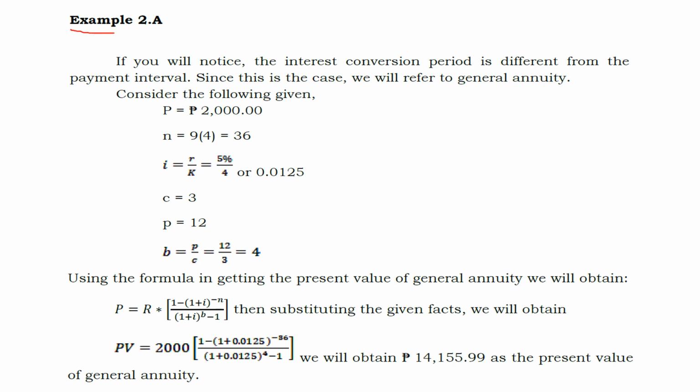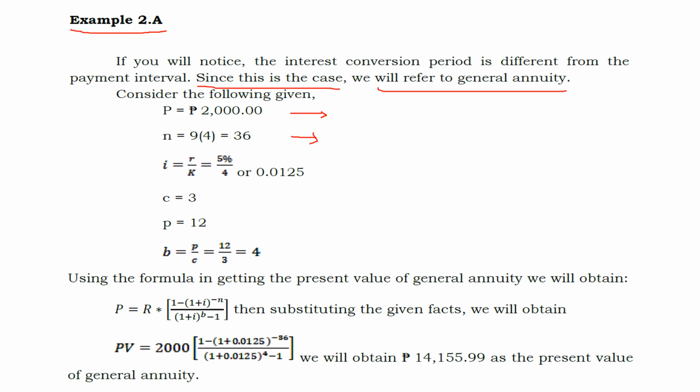So for example 2.A, if you will notice, the interest conversion period is different from the payment interval. Since this is the case, we will refer to general annuity. Consider the following given: the present value is 2,000 pesos. N is 9 multiplied by 4, that is 36.